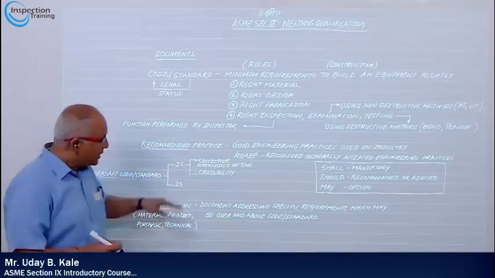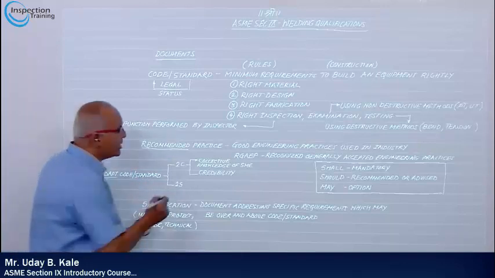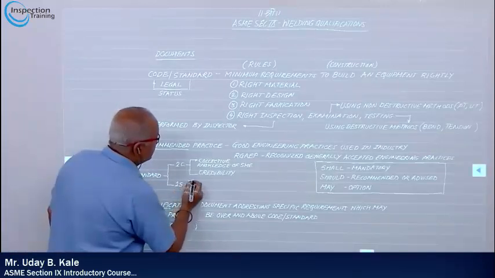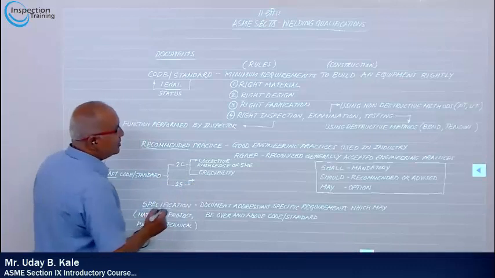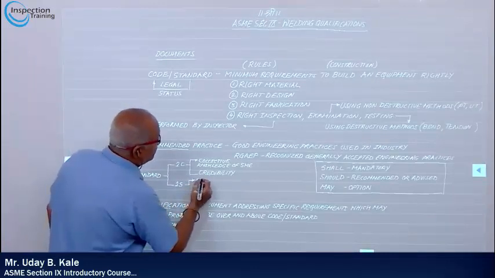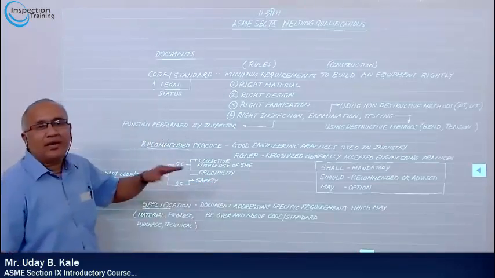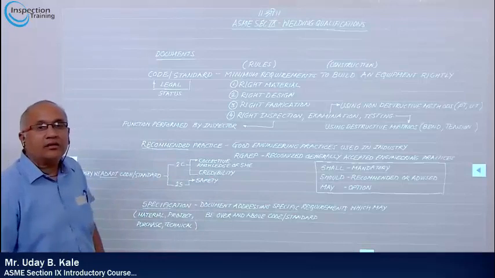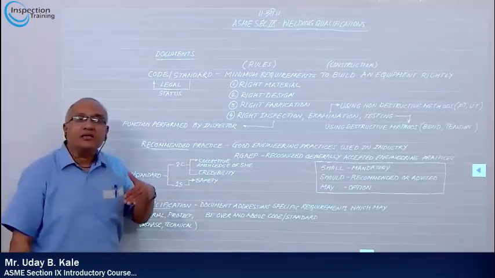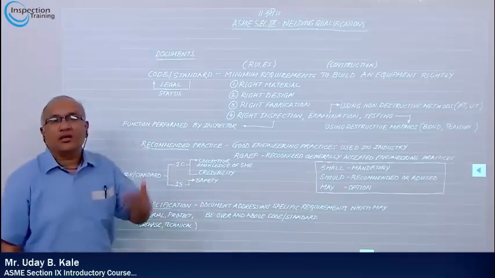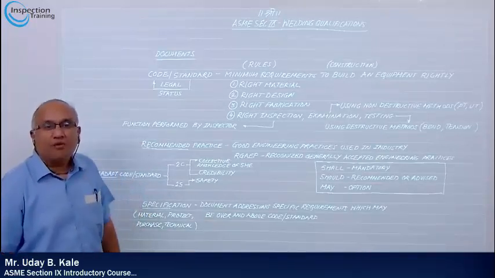It is also dependent on 2 S's. The very first S is safety. All the codes and standards, whether for building an equipment or maintaining an equipment, are based on safety. Safety of what?